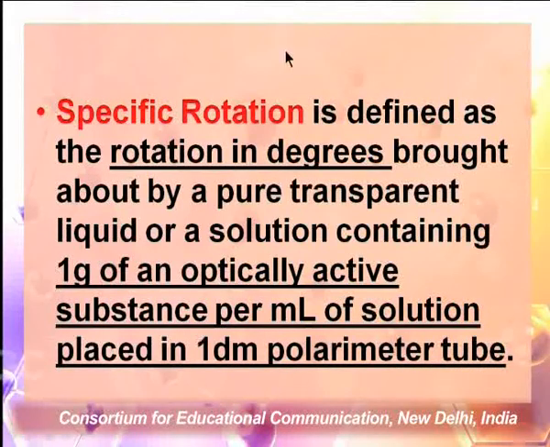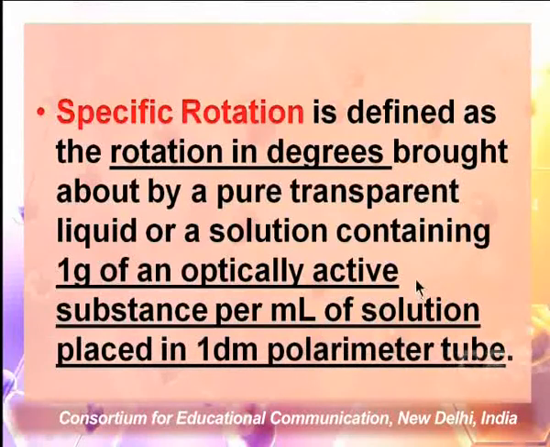So let us now define specific rotation. Specific rotation is defined as the rotation in degrees brought about by a pure transparent liquid or a solution containing 1 gram of optically active substance per ml of solution placed in 1 decimeter of polarimeter tube.